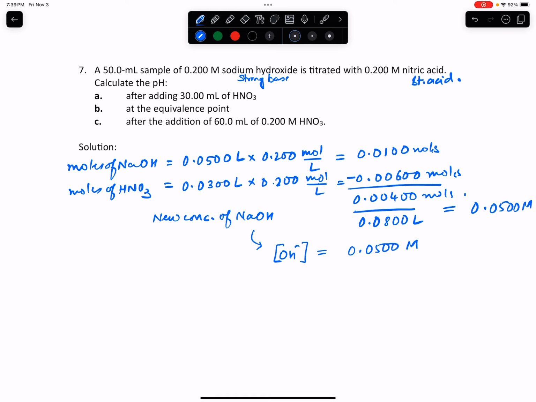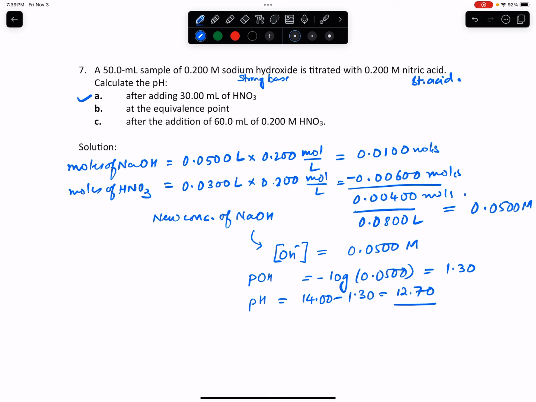To find the pH, we calculate the pOH first, which is the negative log of 0.0500 molar, which is equal to 1.30. Then the pH is 14.00 minus 1.30, which is equal to 12.70. And that is the answer to part A.